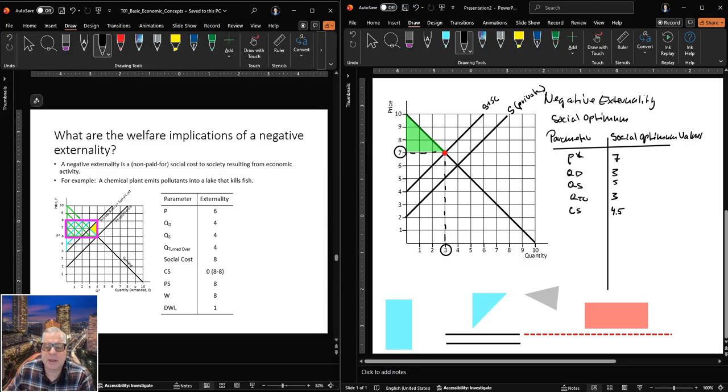What should be the true producer surplus? Well, the true producer surplus should be this one here, so the producer surplus should be 4.5. Therefore, total welfare, total surplus, should be 9. So this is what the social optimum should be.